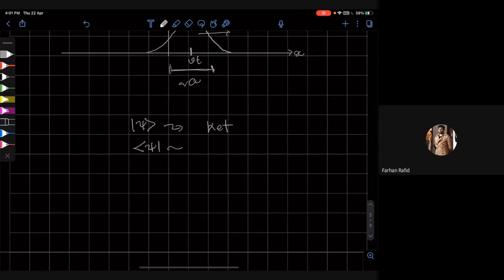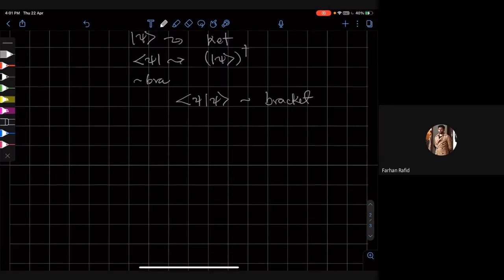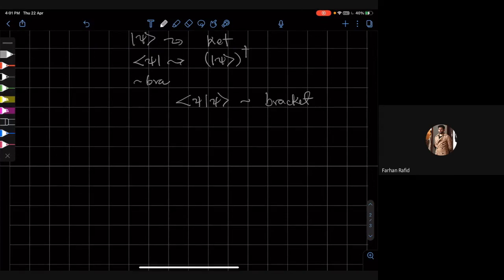If psi is a vector, you can take the Hermitian conjugate, and this is called a bra, and this is a number, so that you have a bracket. So that's the root of this nomenclature.